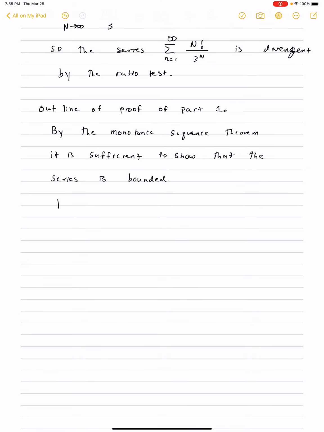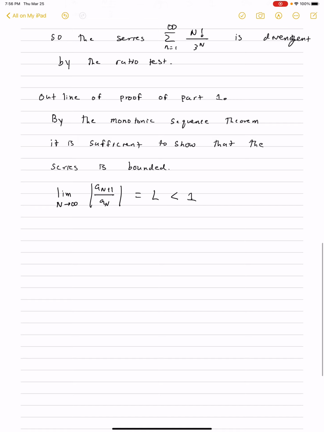Okay. Well, the fact that this limit as n goes to infinity of |a sub n plus 1 over a sub n| is equal to L, and L is less than 1, well, this implies, okay, that a sub n plus 1 is less than L times a sub n.